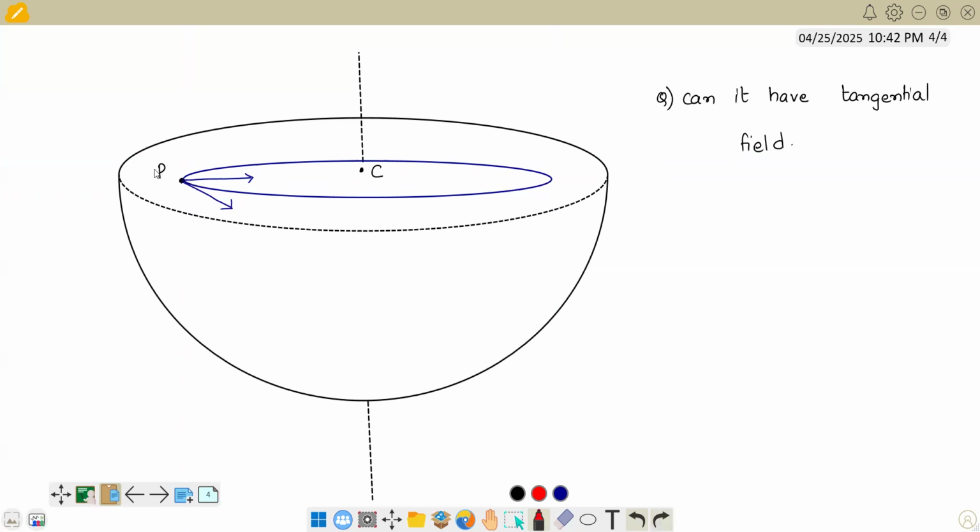Suppose I assume this P has a tangential component of gravitational field. Sometimes I'm calling it electric field because the logic is generally the same for both of them.